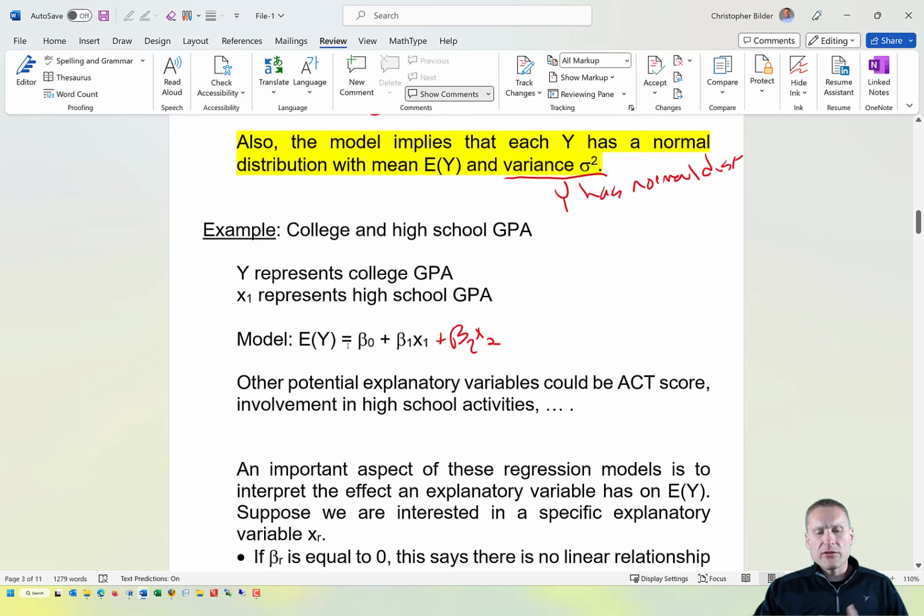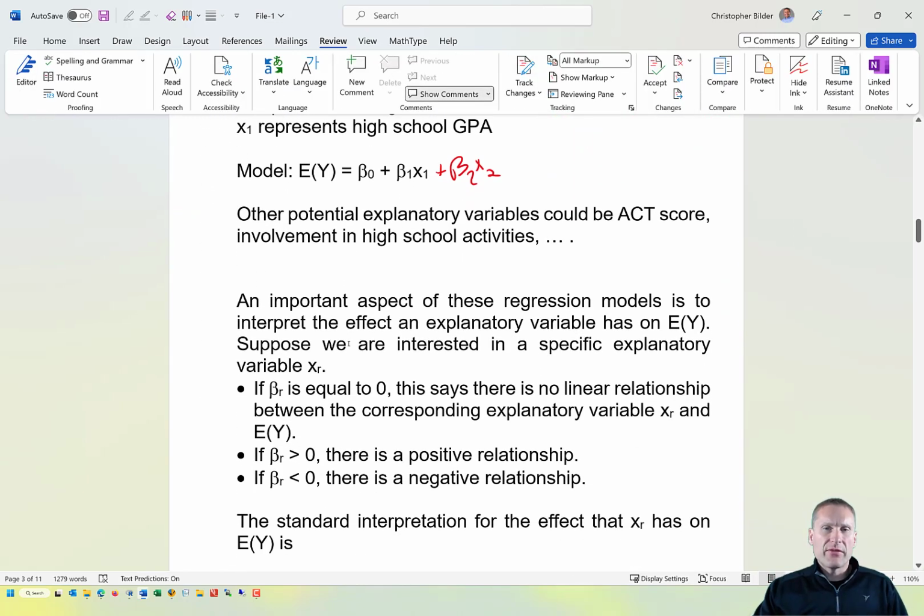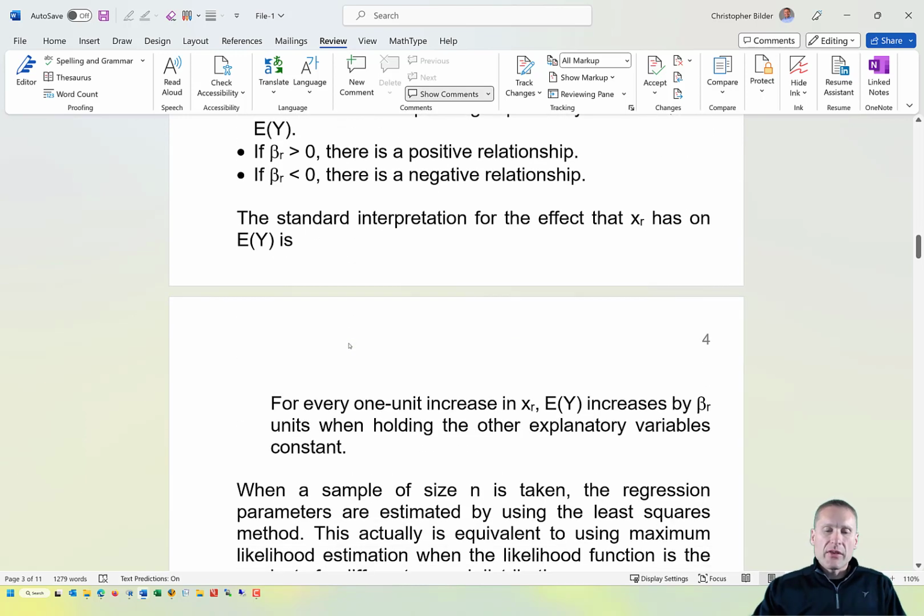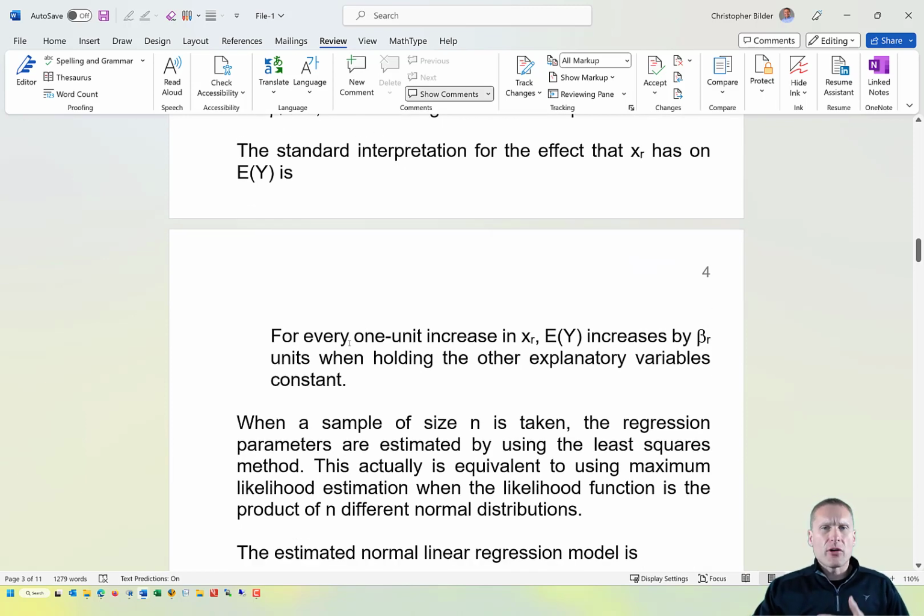And so we're very interested in interpreting the effect that x has on expected value of y, and to do that we focus on the corresponding beta, the regression parameter. So this then gives it a standard interpretation that hopefully you have seen before for the effect that x has on the expected value of y.